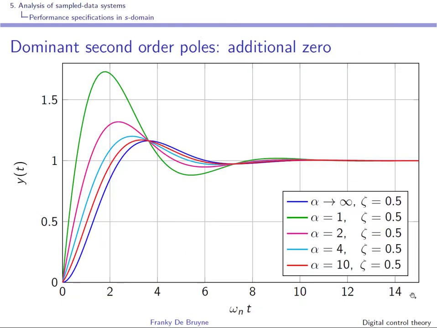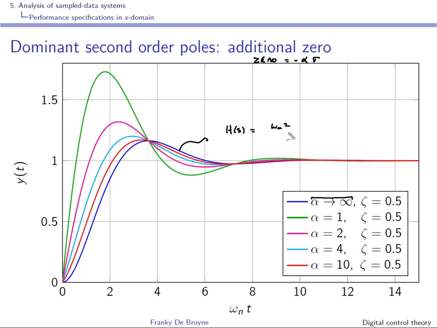So here we have the step responses of the systems with a 0 in minus alpha sigma, and you see here in blue the response where alpha tends to 0. So basically this is the step response of the transfer function without the 0.